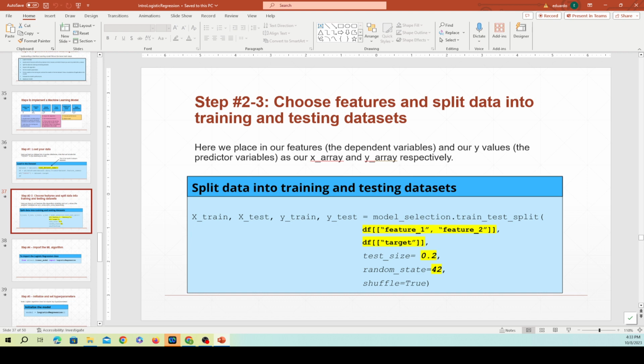The way we're going to split it up is by using model_selection.train_test_split to separate what's going to represent our features and what's going to represent our target. We're going to use a test size of 20%. The test size will be 0.2, so that means 80% of the data will be for training and 20% will be for testing.